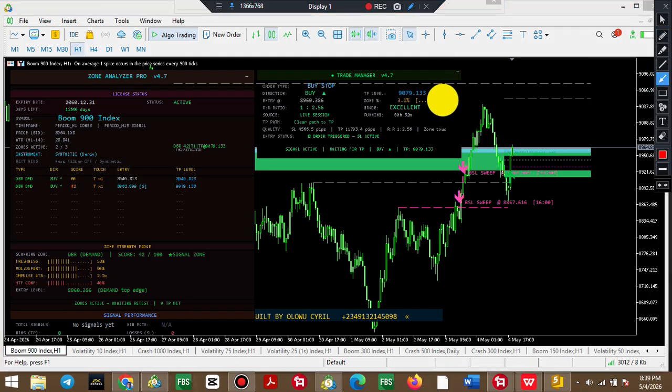Price would have given it an excellent measure. So the fact that it gave it excellent is from their internal check and balance, right? Because it's not only depending on this zone strength radar for giving it a grade.